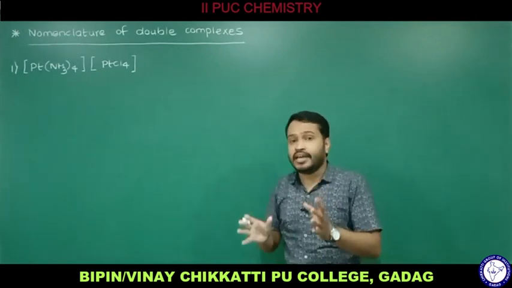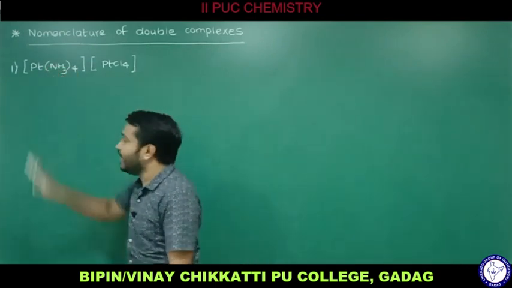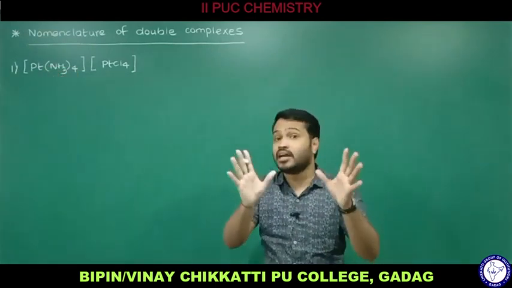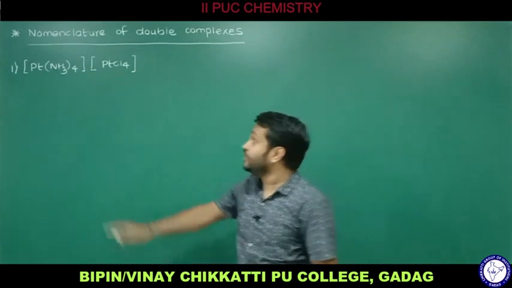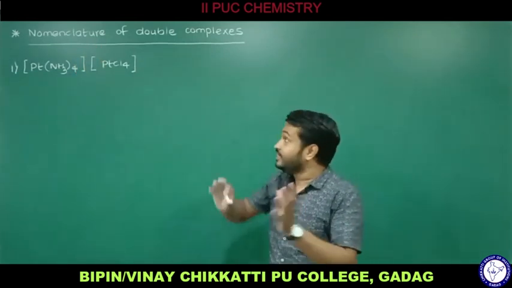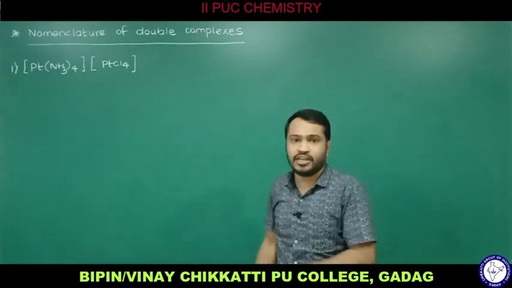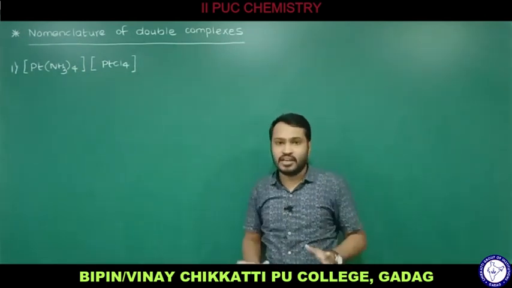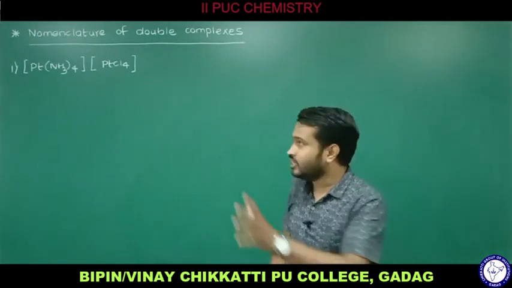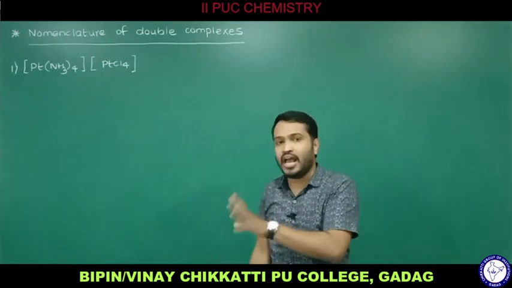And one more thing: the first complex we write would be the cationic complex. Usually the charge, if we calculate, will be plus. And the second complex we write would be the anionic complex with minus charge. Just keep this in your mind. In double complexes, the first complex will be cationic and the second complex will be anionic.